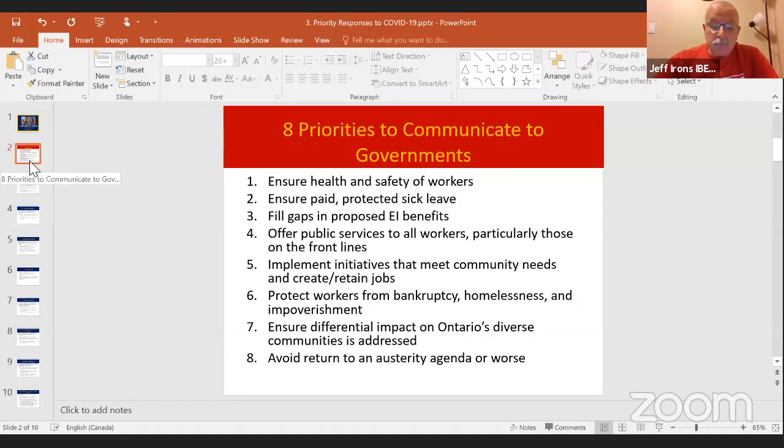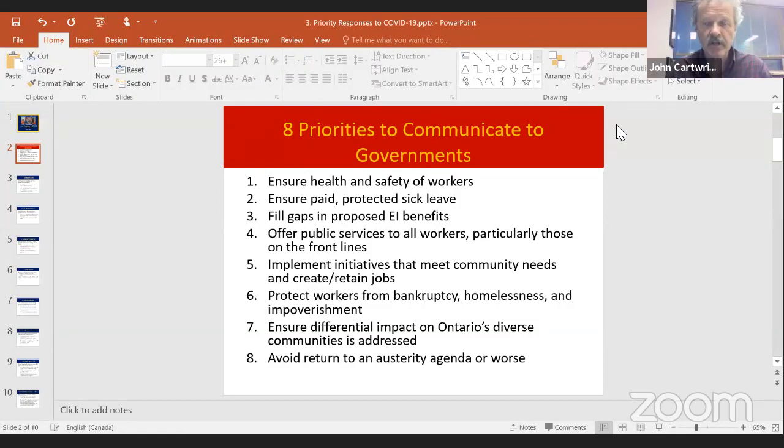Propose initiatives that meet community needs and create retained jobs. Protect workers from bankruptcy, homelessness, and impoverishment. Ensure the differential impact on Ontario's diverse communities is addressed. And finally, reject a return to an austerity agenda or worse. Thanks, Jeff.